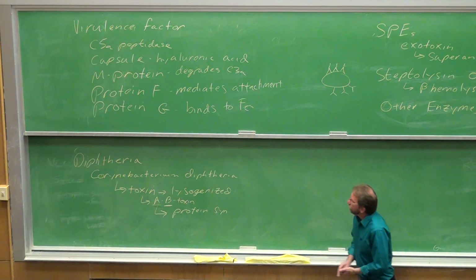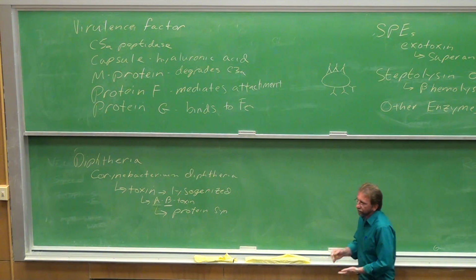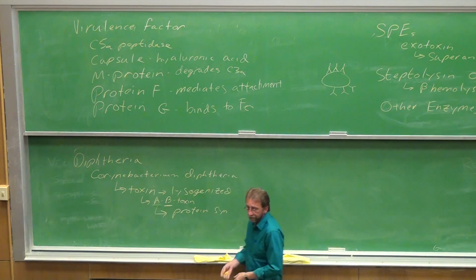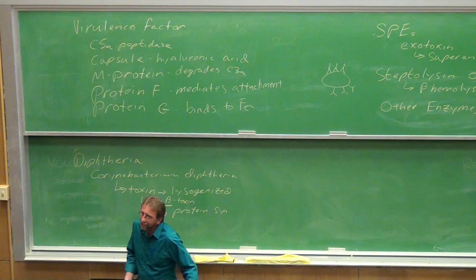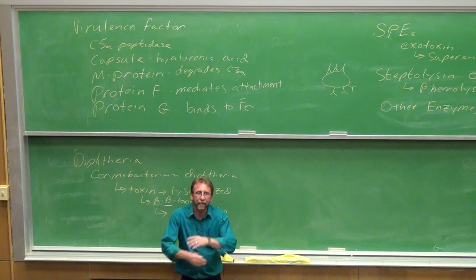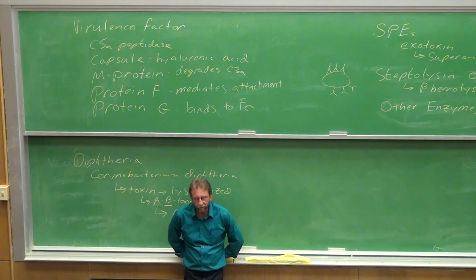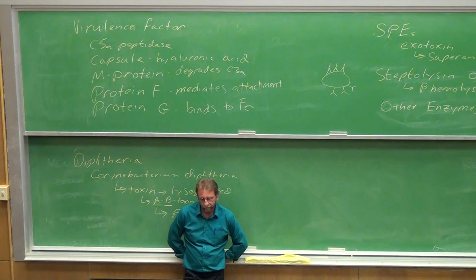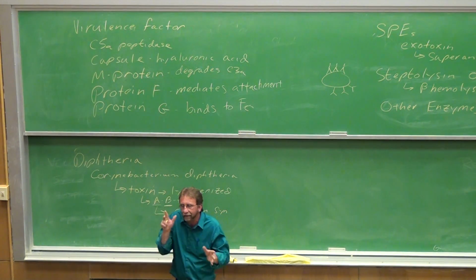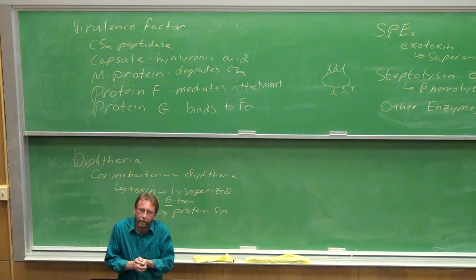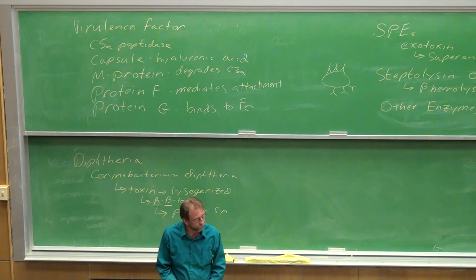A couple of other upper respiratory conditions we'll just mention here. Pink eye, earaches, and sinus infections can be caused by any number of microbes: Streptococcus pneumoniae, Haemophilus influenzae, Bacillus strains, Pseudomonas strains.